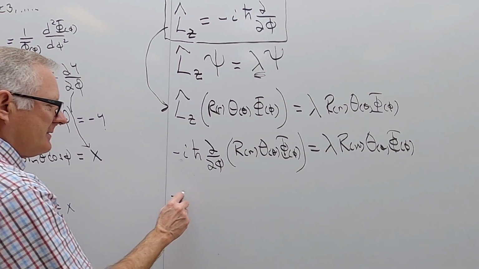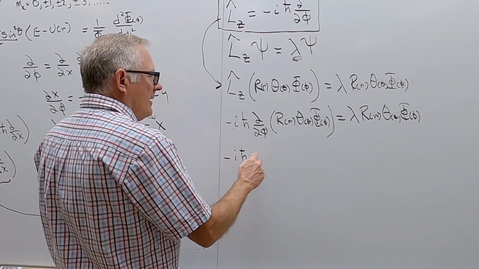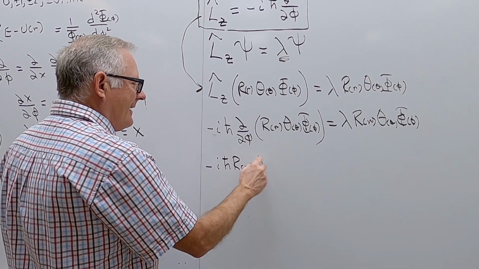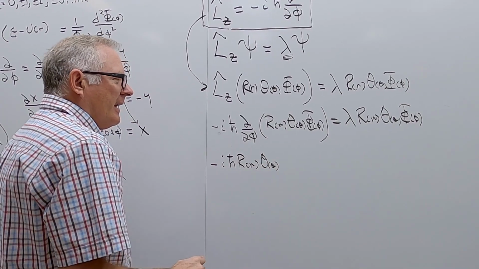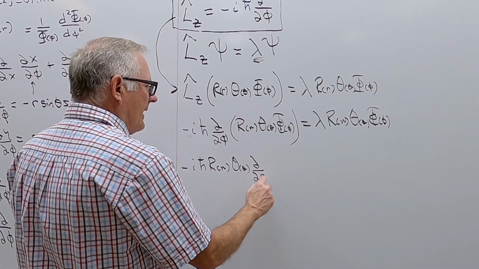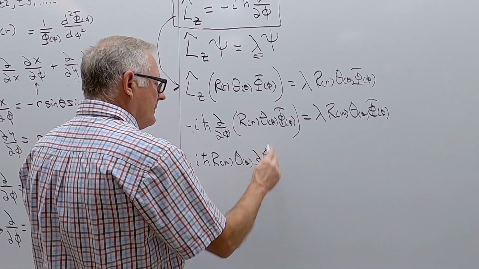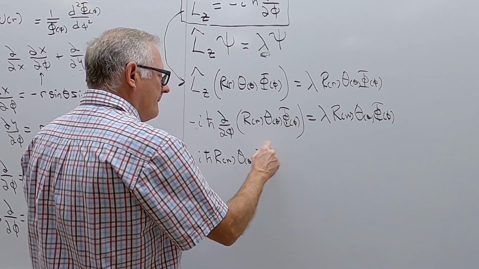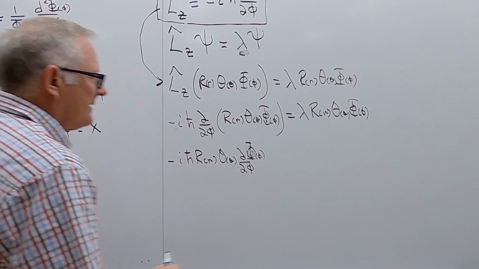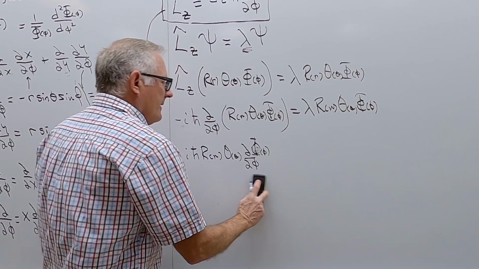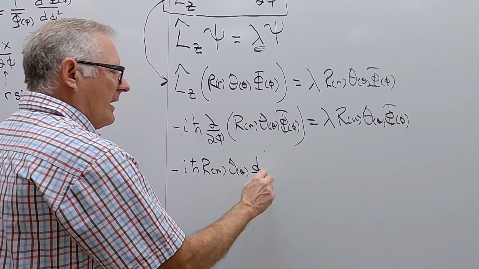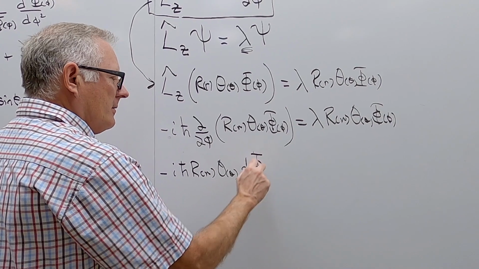So we get minus i h bar, and I can pull out the R sub r and the Theta sub theta. All I have to do is take the derivative with respect to phi of Phi, and this becomes a total derivative, because there's only phi's in there. So we can make that a total derivative, d by d phi of the total.